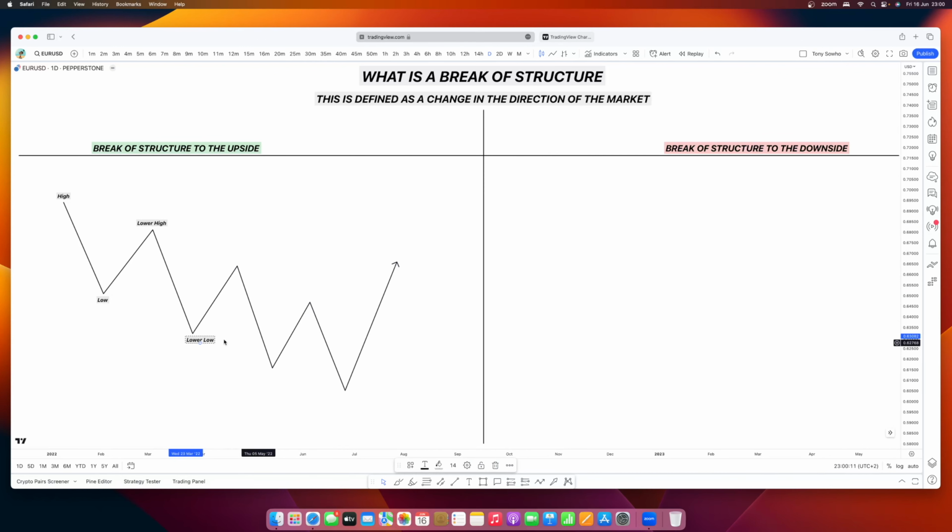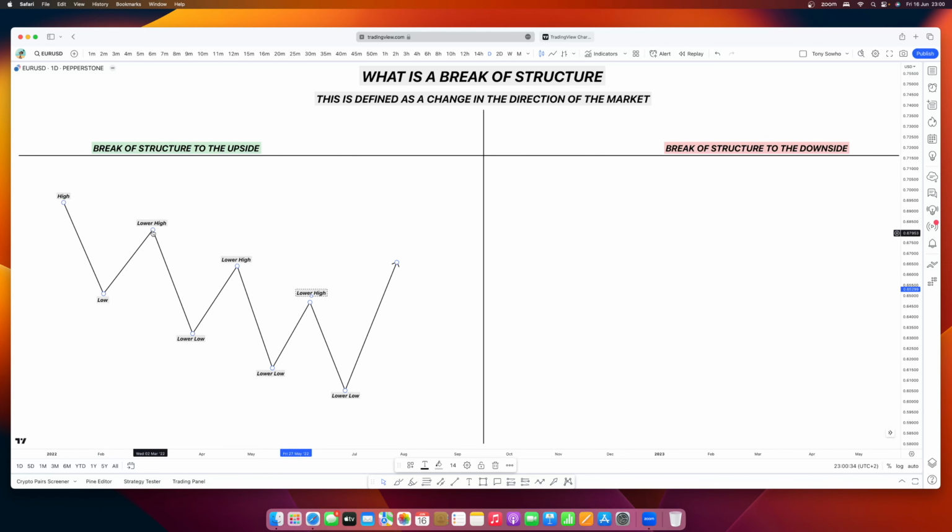Then I'm just going to copy and paste them quickly. So we have this as the lower low, and this as the lower low. So now you can see this is a downtrending market, right?